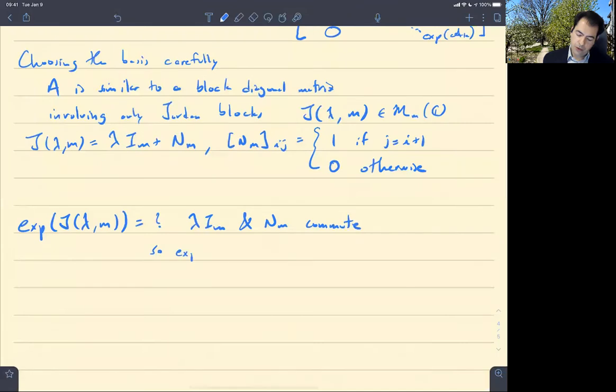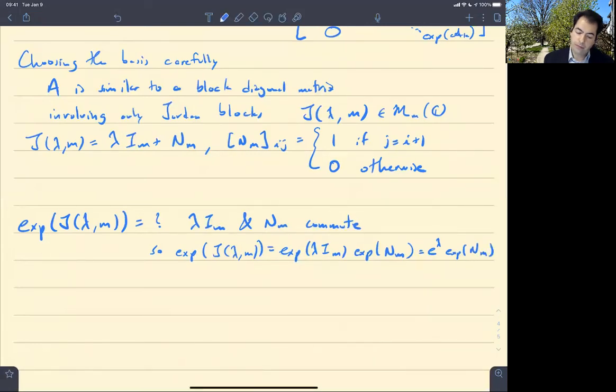So the exponential of J lambda m is equal to the exponential of lambda times the identity times the exponential of N m, and that's just e to the lambda times the exponential of N m. Okay, so the only thing we need to figure out is what is the exponential of N m.